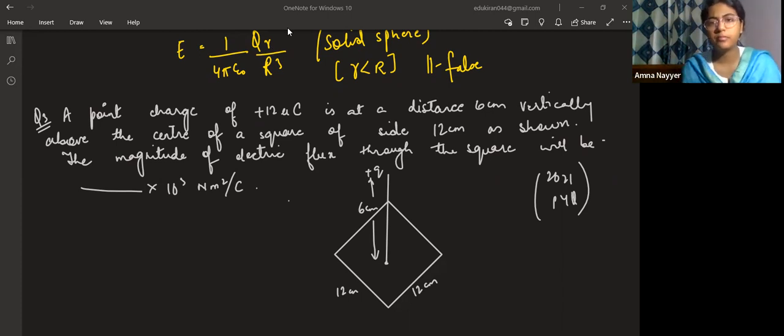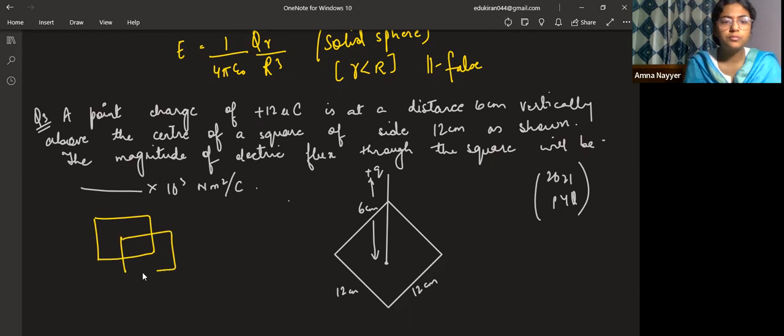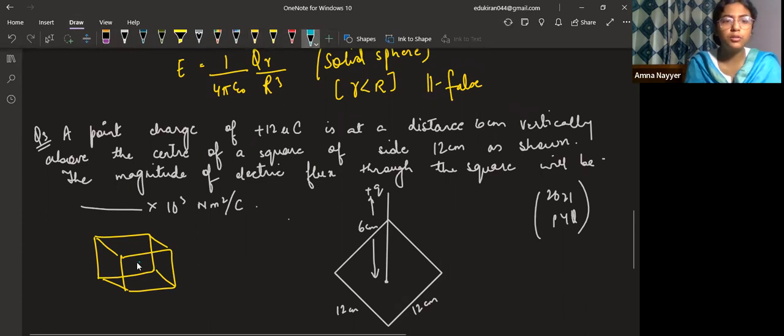Good, Priya. So if it is at the center, it's like inside a cube, the charge is kept at the center. Fine. So see, let's say within this whole cube, the charge is kept. So what can I say about it?